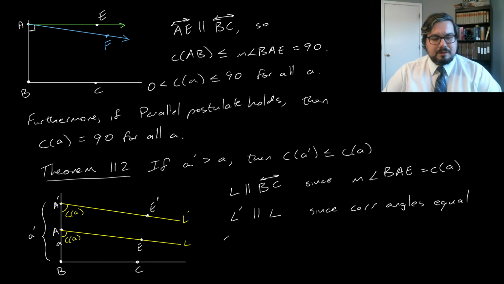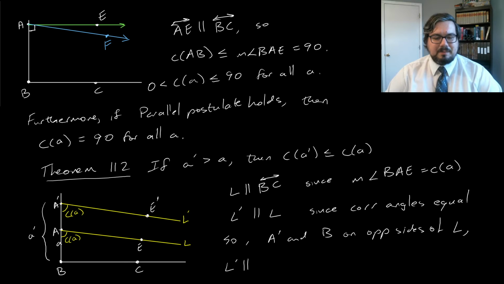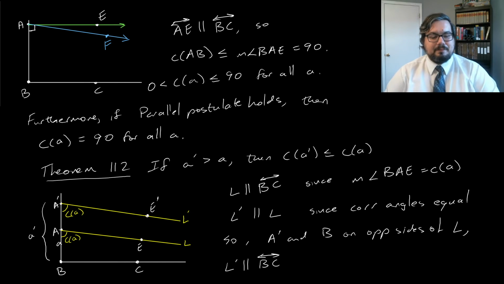And so, since A prime and B are on opposite sides of L, we must have that L prime is parallel to BC also. The line BC lies entirely on one side of L, the line L prime lies entirely on the other side, and therefore they can't intersect each other.